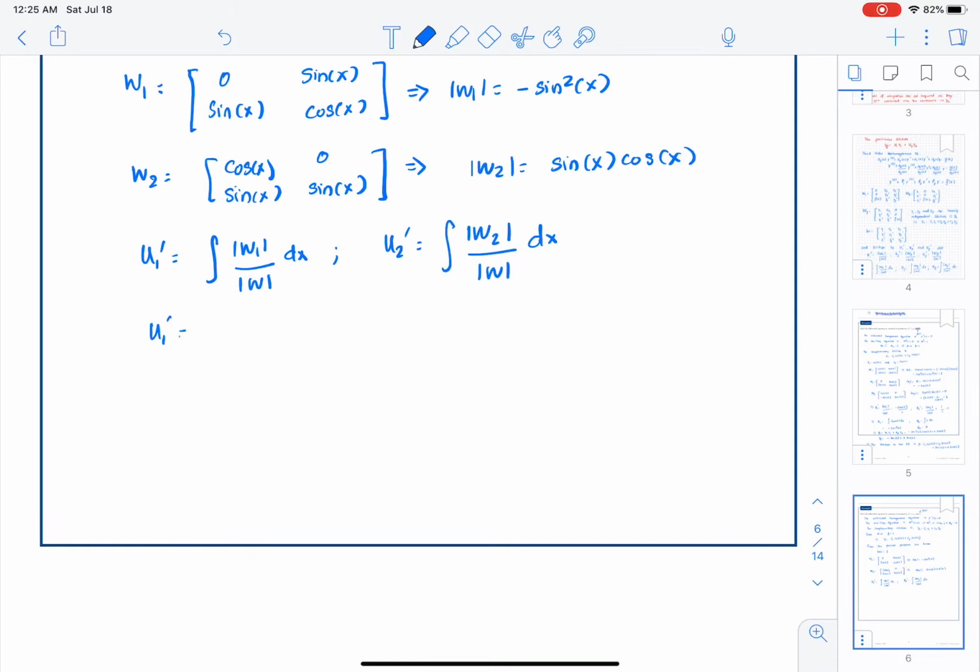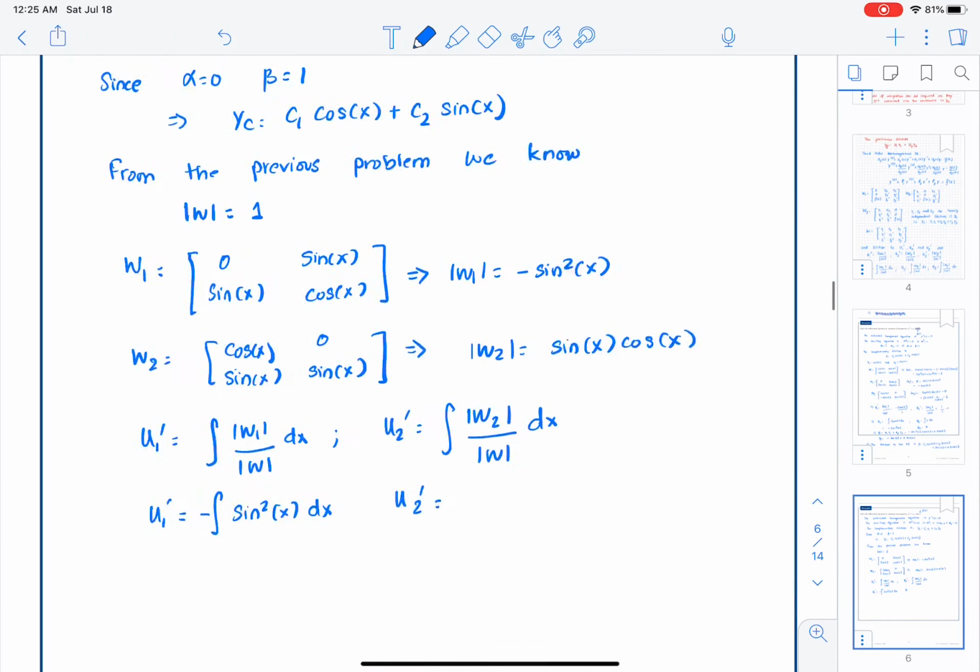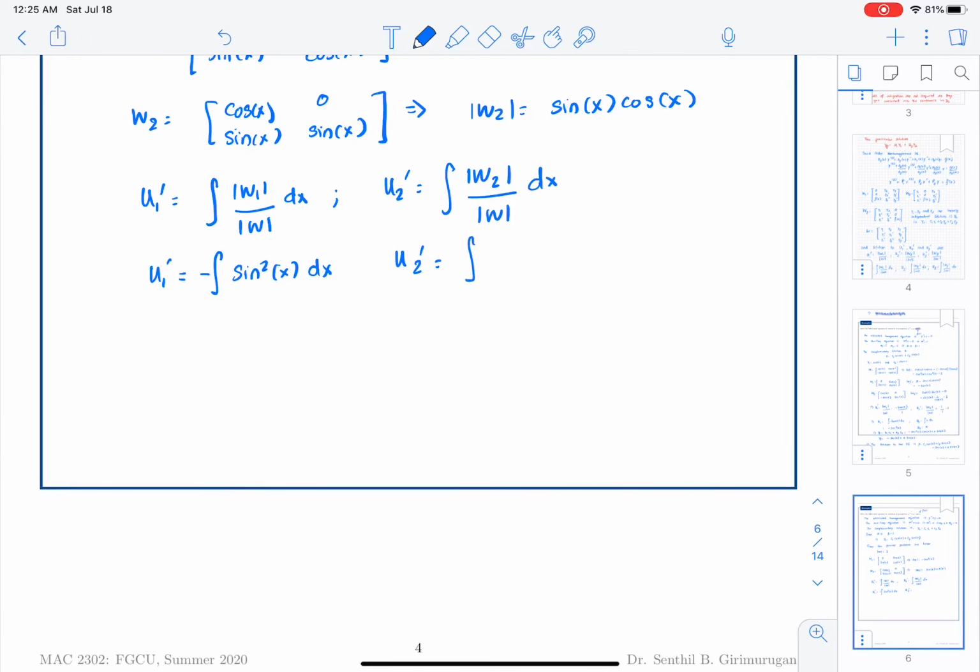So u1 prime is integral sine squared x dx, and u2 prime is integral sine x cosine x dx.